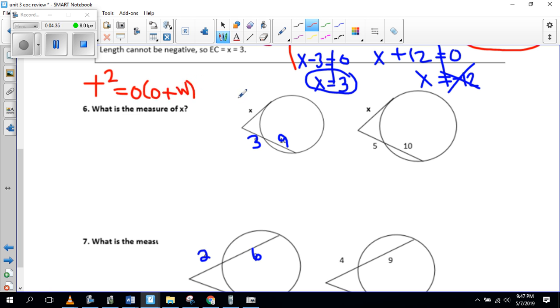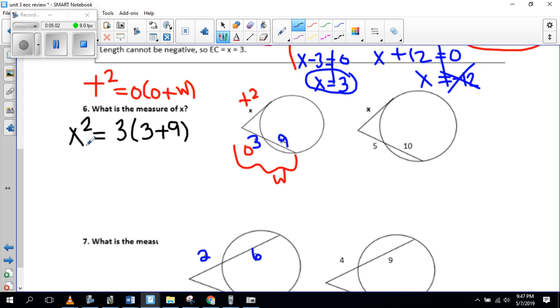So we're just going to label X as our T squared, 3 is our outside, and then our whole includes our 9. So let's write this out the way it should look. T is going to be X squared, right? Equals, what's our outside? We have 3. We're going to have 3 again, plus 9.